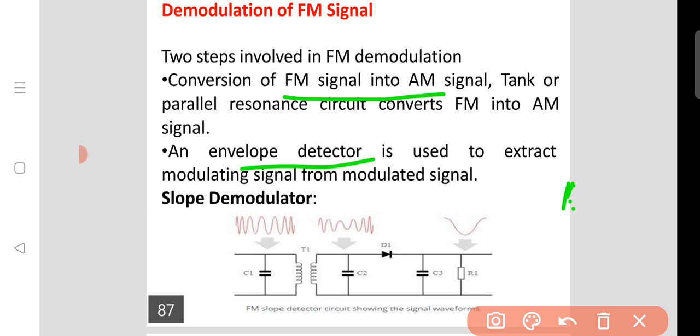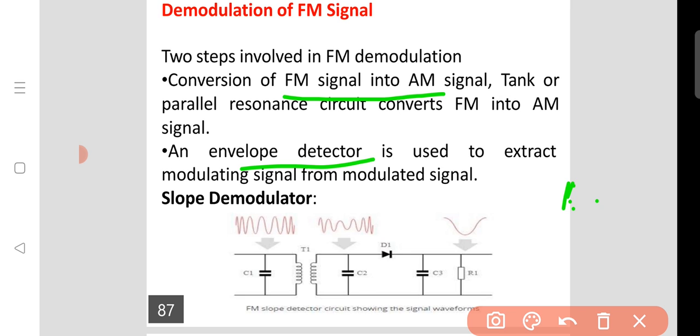So this frequency discrimination is caused by our RLC circuits, which we also discussed in a previous class.